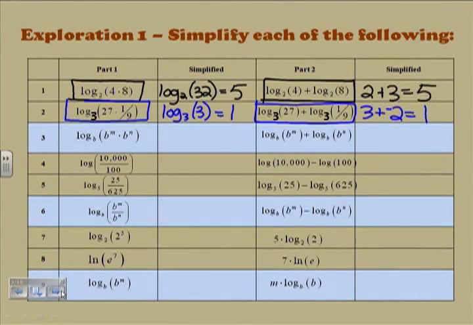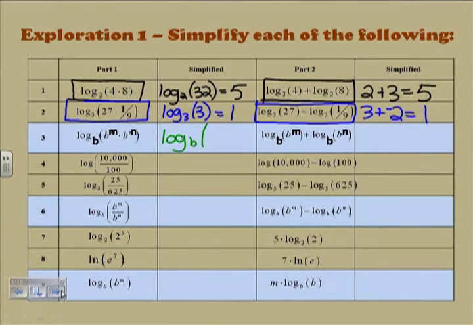And so then the mathematician says, well, instead of continuing to play with numbers, what if I start looking at a general case? What if I look at log of any generic base b of b to the m times b to the n? Order of operations says that we must do this multiplication first. And when we multiply, what do we do with the exponents?